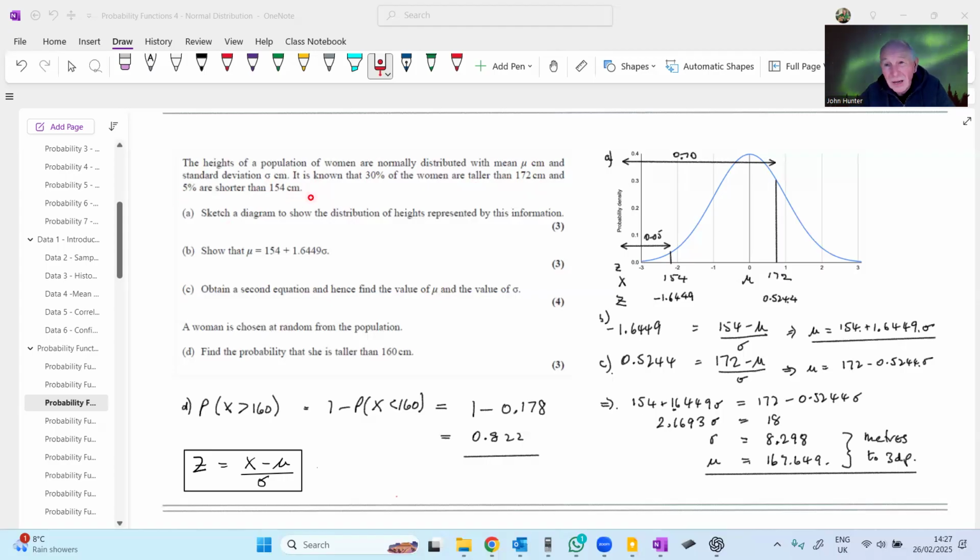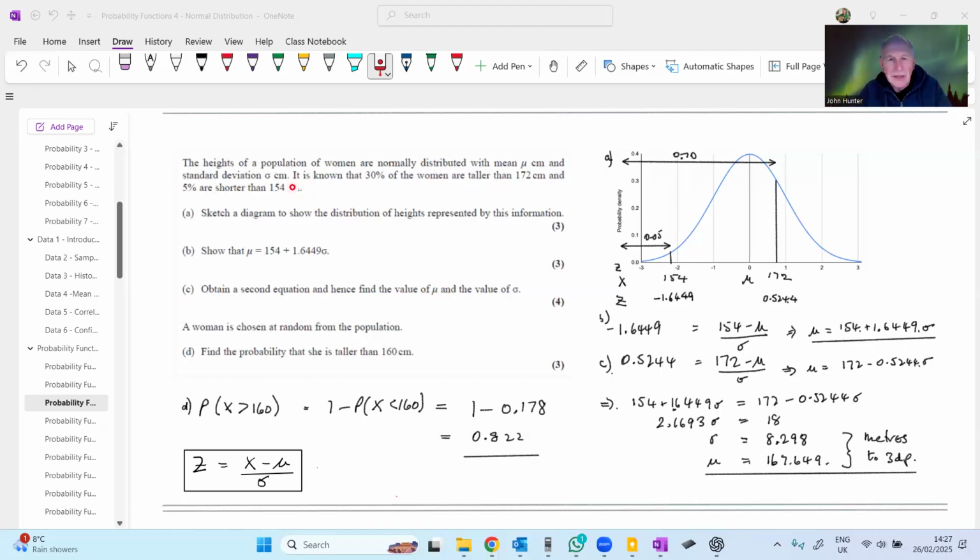Now, this is another form of problem where we've got an underlying relationship, but we have two unknowns, the two unknowns being the mean and the standard deviation. But we have these two boundary conditions here. 30% of the women are taller than 172 and 5% shorter than 154 centimeters.